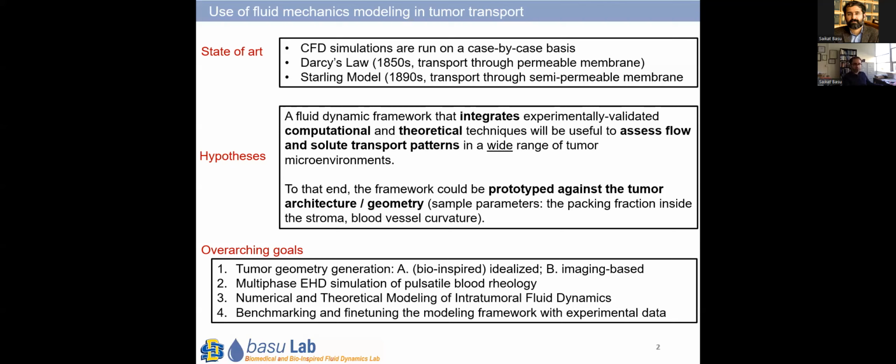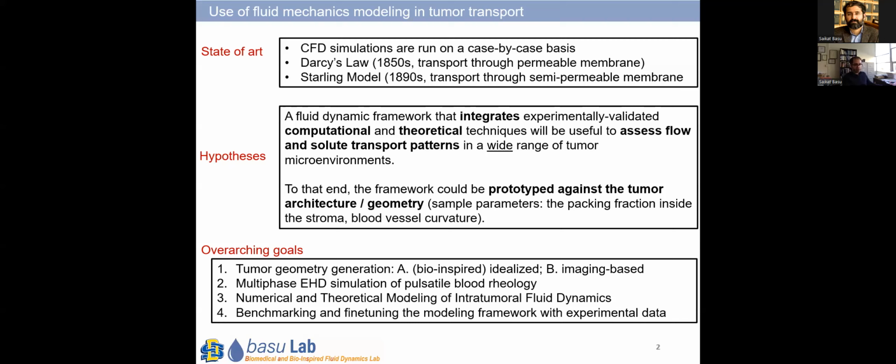And working along those hypothesis items, the research in my group could be classified into the following overarching goals, which essentially resonate with the specific aims that I'm going to cover in a few minutes as well. Number one, we need to generate tumor geometries that are both idealized and medical imaging based.